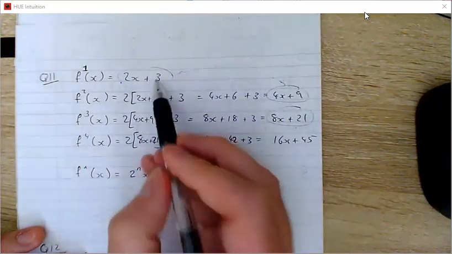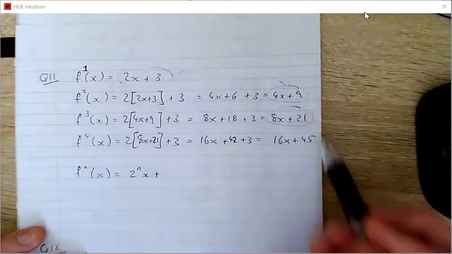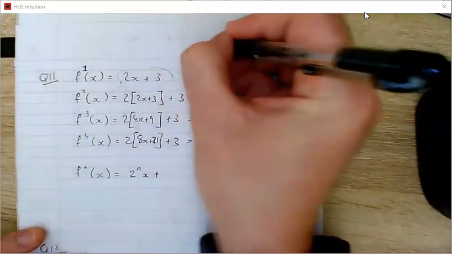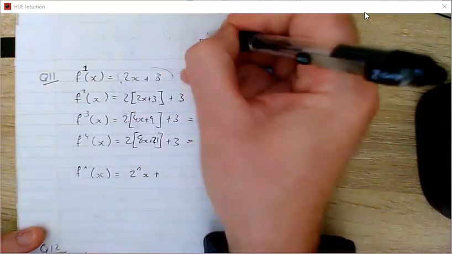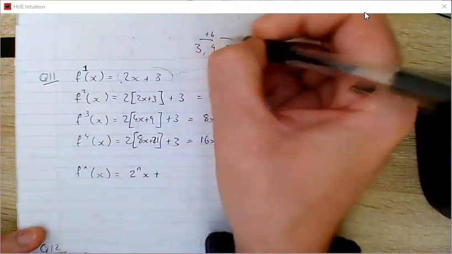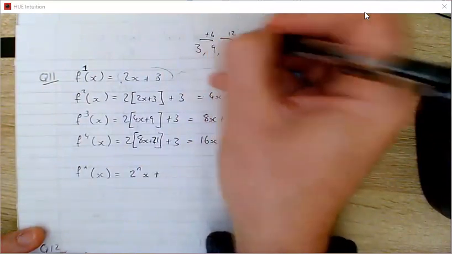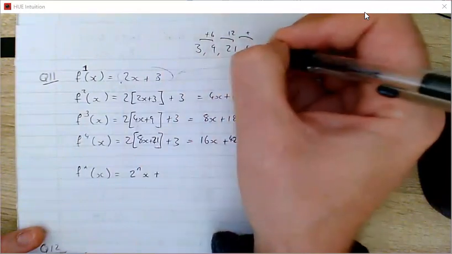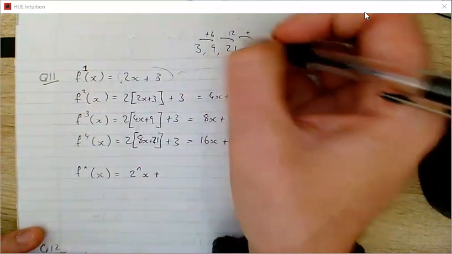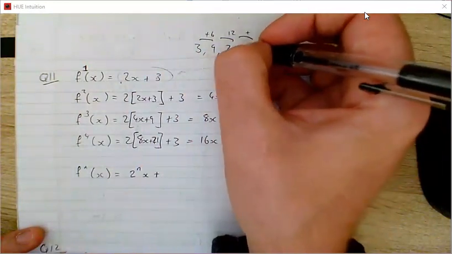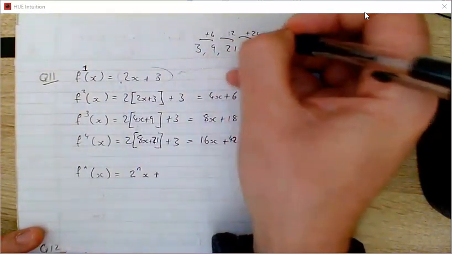Plus, what are you getting here? 3, 9, 21, 45. Okay, what's happening there? Well, you're adding 6, then you're adding 12, then you're adding 24.